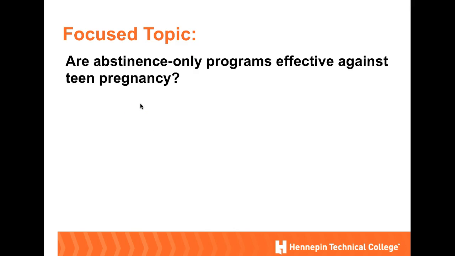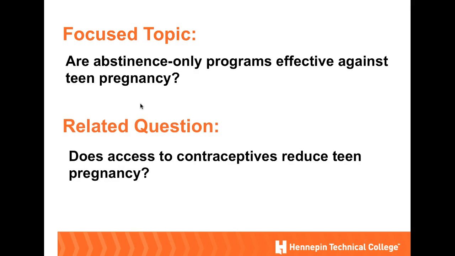All right, so the example topic that I have here is, are abstinence-only programs effective against teen pregnancy? And a related question that I might have would be, does access to contraceptives reduce teen pregnancy? The interesting thing about related questions is that you can have a bunch of them to help you explore information within your main topic.